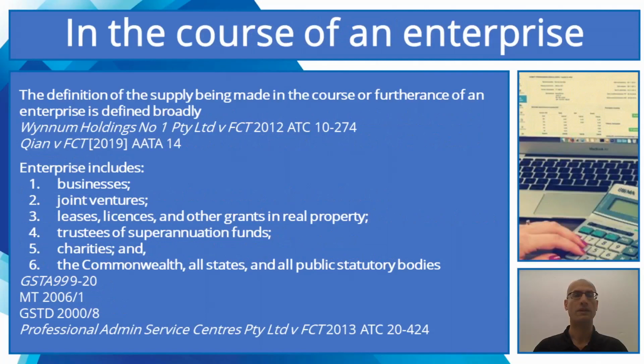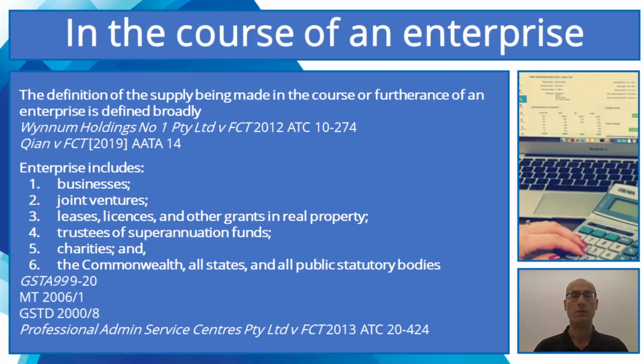When we look at the statutory definition of a particular supply being made within the course of an enterprise, this is much broader than merely business and business-to-business transactions. So while it doesn't exclude businesses, it's also going to include transactions between joint ventures, joint venturees. It's going to include leases, licenses, and grants in real property.